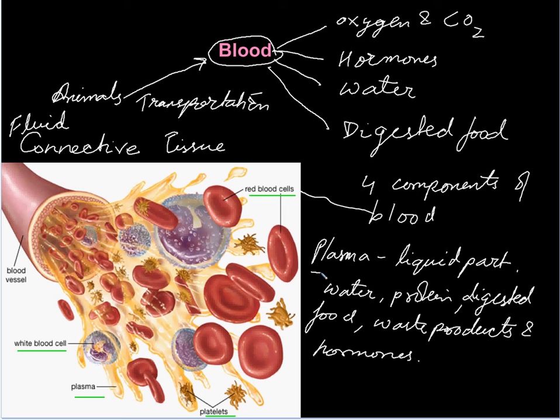So plasma is a liquid part which contains the water, protein, digested food, waste products that are secreted by our body, and the hormones.